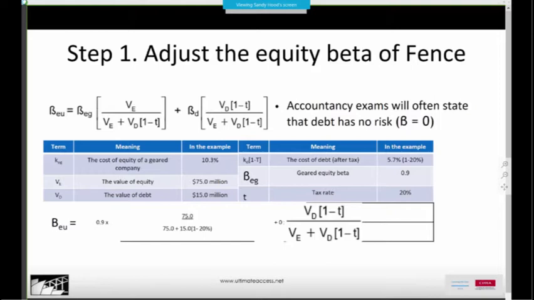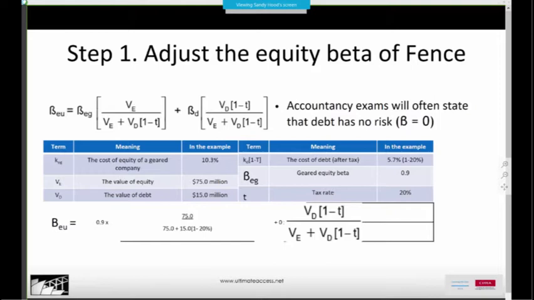But very, very often the beta for debt, the beta D as shown on your diagram, would be given as 0, which makes the whole formula a lot easier.